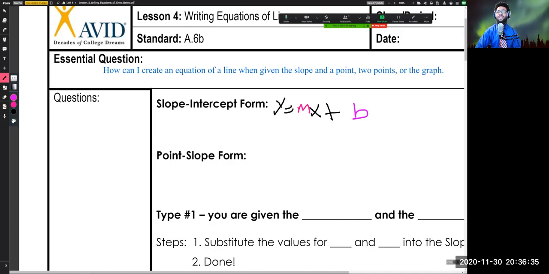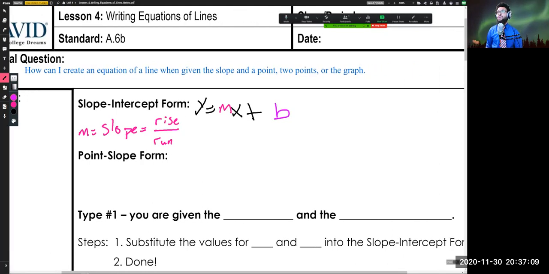Our m is our slope, and our b is our y-intercept, okay? And if you don't remember, go ahead and write it on this set of notes as well. Here's my pen. m is slope, okay? And slope is rise over run, okay? Up and down, over left and right. That's what our slope is. But we also can't forget our b.